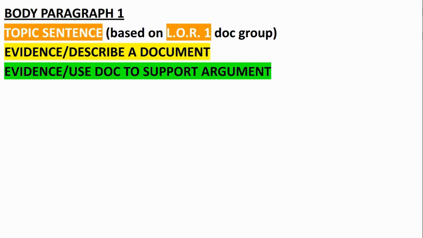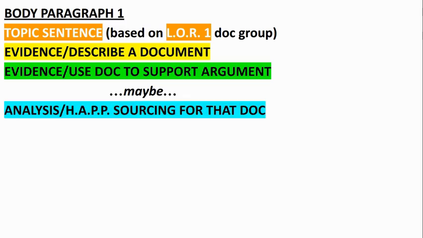These do not need to be super robust. These could be a sentence each, or possibly even merged into a single sentence. You don't want to spend 3, 4, 5 sentences describing the content of the document. If you read student examples that have scored well, you'll notice it's not super robust, but it is there. You have to show that you understand what the document is about, and then use it to support your argument. And possibly with this document, certainly with some of them along the way, throw in that sourcing analysis.